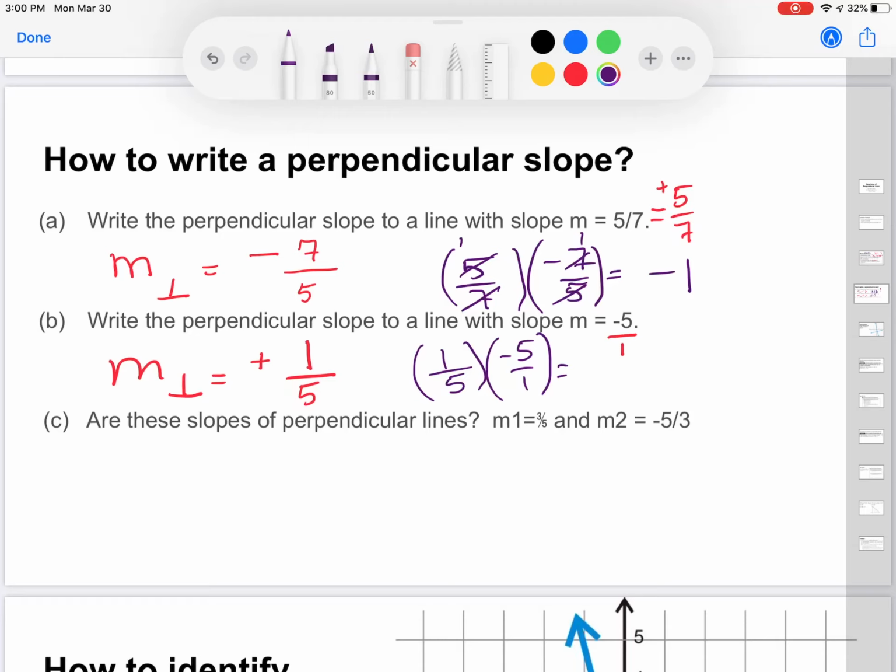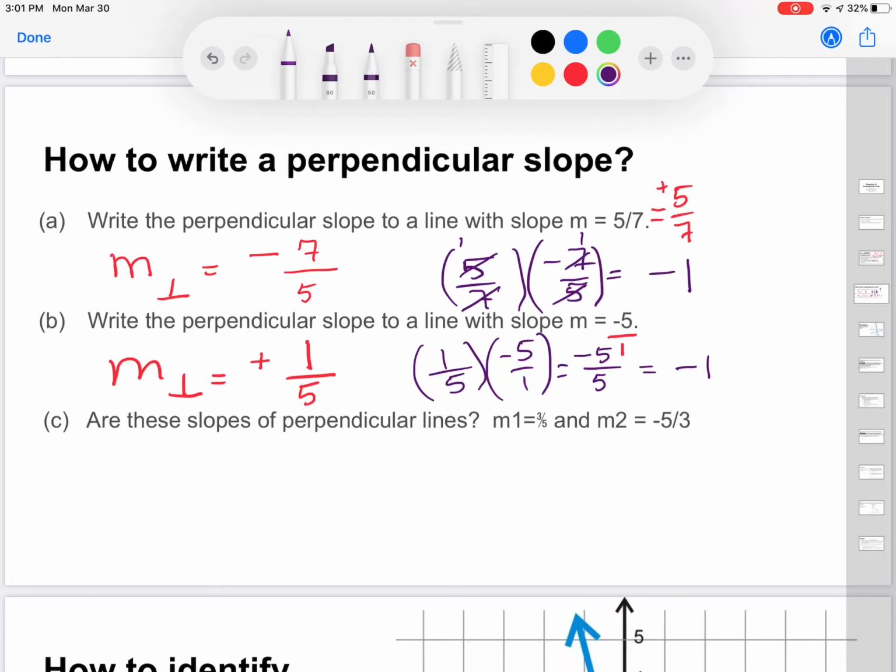So we multiply the top numbers and put that on top, and we multiply the bottom numbers, 5 times 1, and put that on the bottom. And negative 5 over 5 is just equal to a negative 1. So again, I can easily tell that those are perpendicular. Okay, and also that's a good way to check your work when you're writing the perpendicular slope.